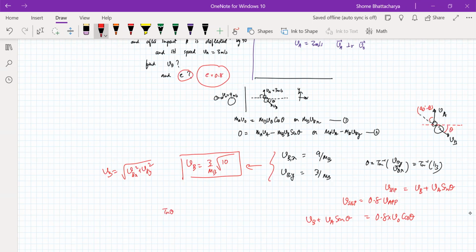So if tan theta is 1 by 3, then cos theta is 3 by root 10, and sin theta is 1 by root 10. So what was our VB? It was 3 upon MB root 10 plus VA, which was 3 sin theta, that is 1 by root 10. So this equals 0.8 into V naught, which was 9, into cos theta, which is 3 by root 10. So this equation should now give us the value of MB.